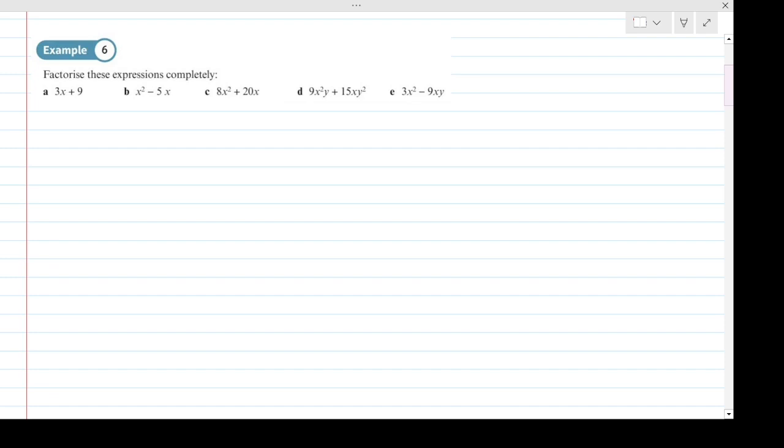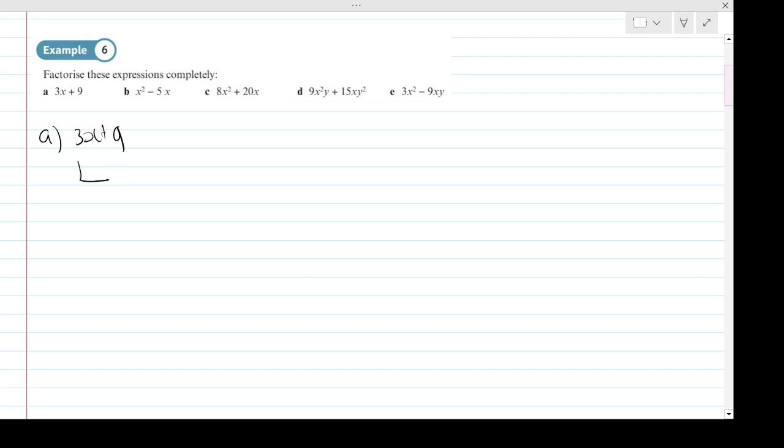So let's do part A, 3x plus 9. When we factorize, we seek to find factors, right? Things or numbers we can pull out that will go into all the terms that we have. So it's a common factor, okay?